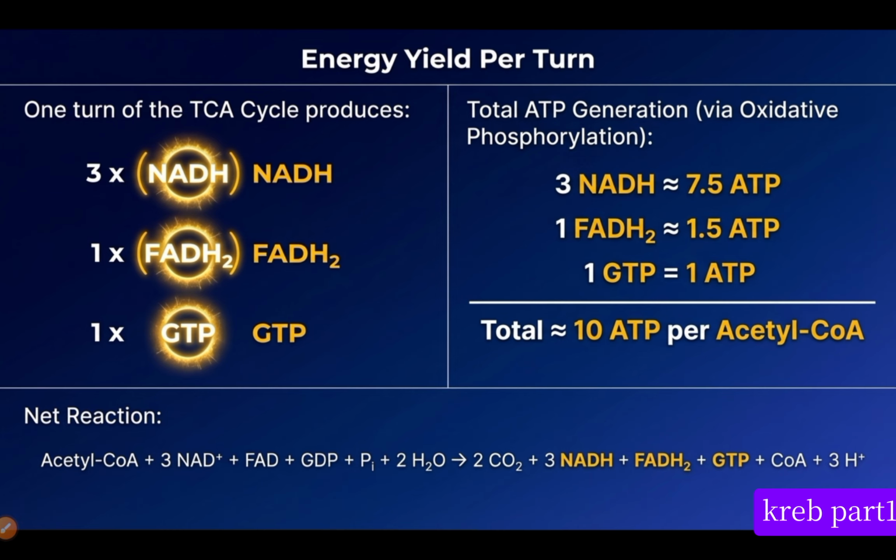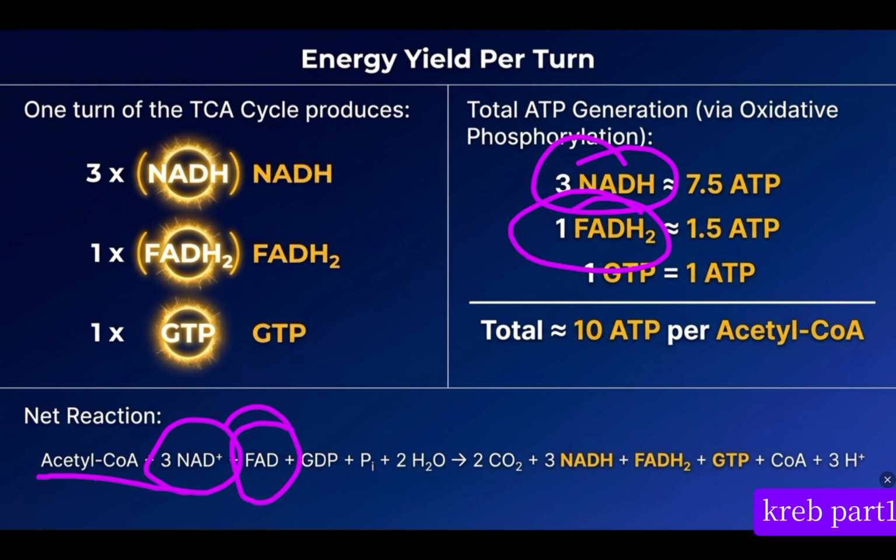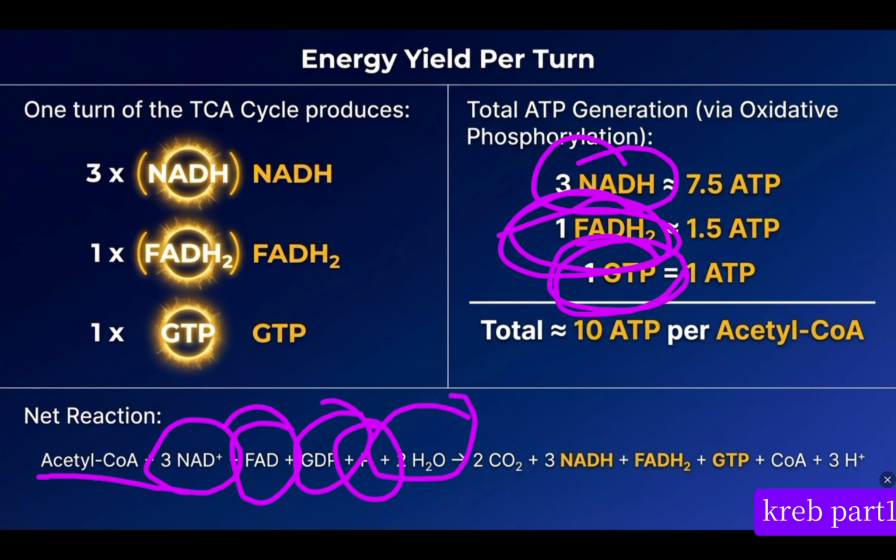So the net reaction you take home is: acetyl-CoA reacts with 3 NAD positive, that's why we have 3 NADH; 1 FAD, that's why we have 1 FADH; 1 GDP, that's why we have 1 GTP; and 2 molecules of water to yield 2 carbon dioxide, because the end product of the tricarboxylic acid cycle is oxaloacetate, which is a 4 carbon molecule, while citrate is 6.